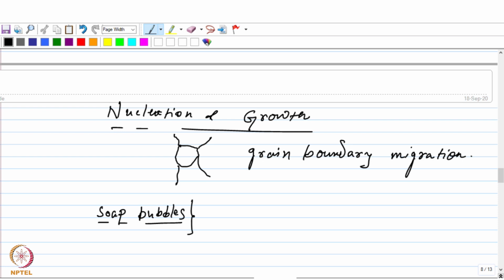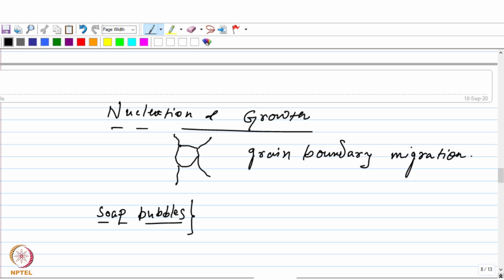Because you have different sizes of bubbles, their surface energy is different, and there is a pressure difference between any two bubbles, right? So considering all these factors, it can be taken as an analogous system like grains and grain boundaries in metals.